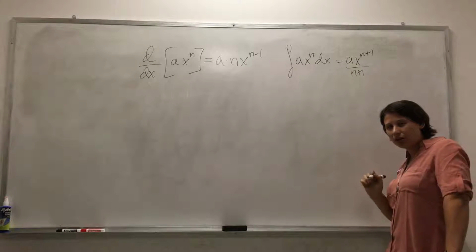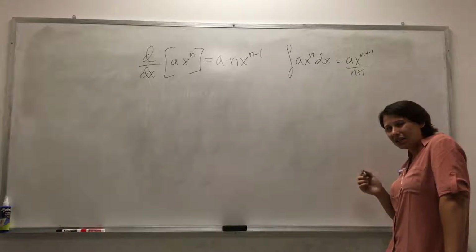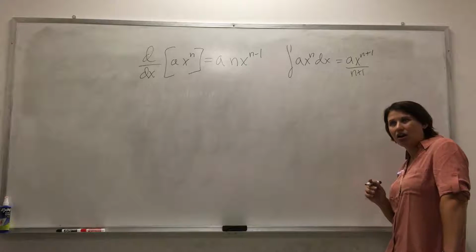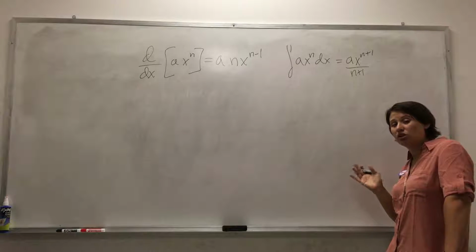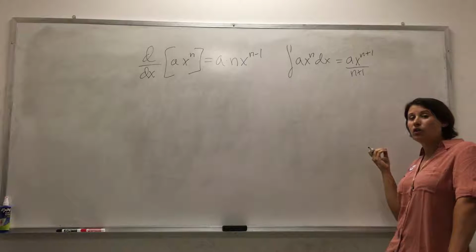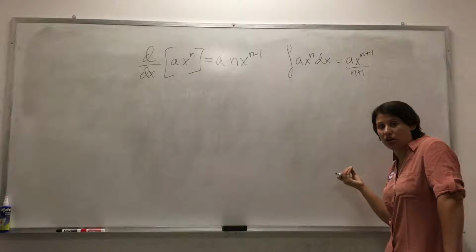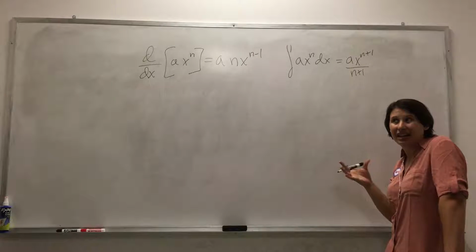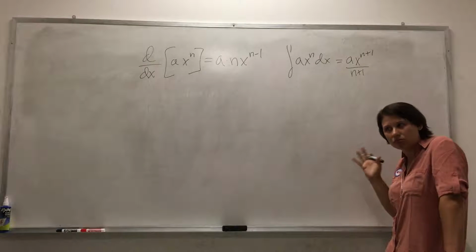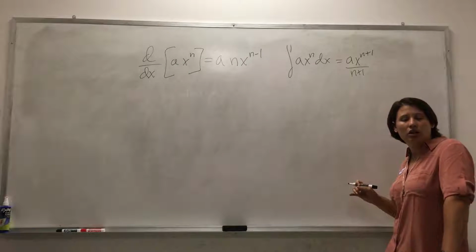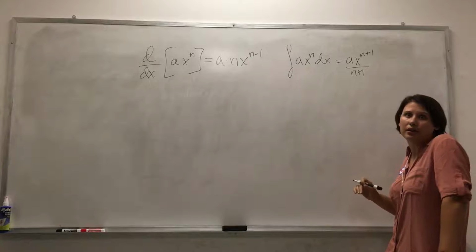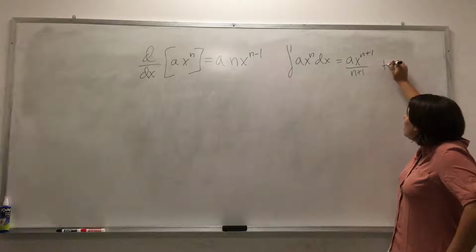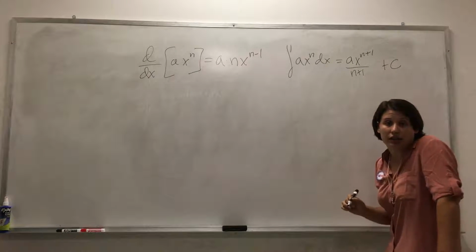Now there's one other little thing we have to talk about. When we take the derivative of something, right, constants go away. So if we take the antiderivative, we don't know if a constant was there or not. So we just kind of have to account for it, kind of insurance almost, on if there was something there or not. We don't know. So we just say plus c for constant.